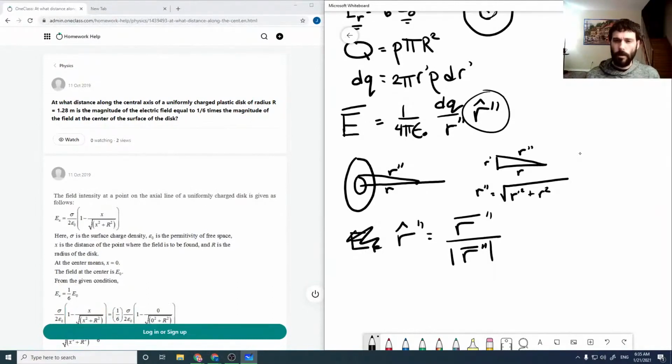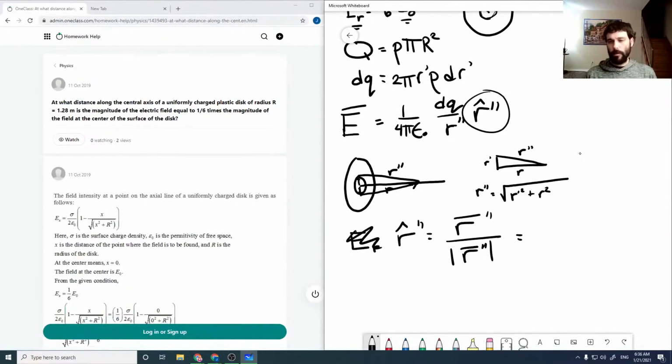And we know that we're going to have to integrate this expression. So we can kind of see that although our electric field is going to add up in the r direction, it's going to cancel in the other directions, right? If we draw two r double primes here, we can see we have an equal and opposite directionality here, and so it's actually going to cancel in the other directions.